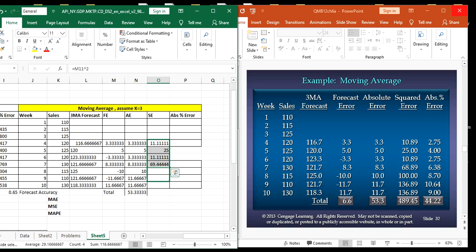My numbers are a little bit different from the ones over there, and that happens because they are skipping these over here. If I do it manually, I'll get the same number as they do. Anyway, the sum is 489.45.